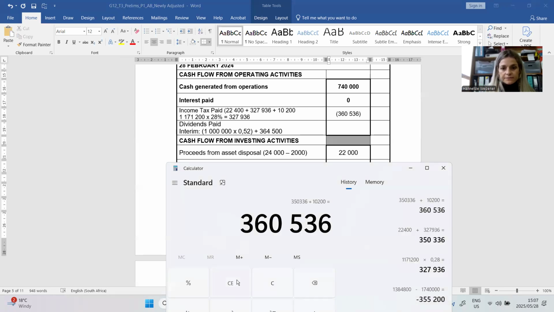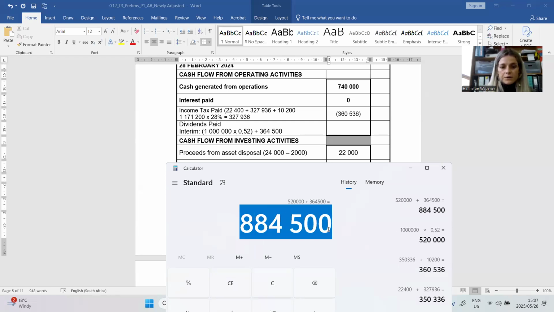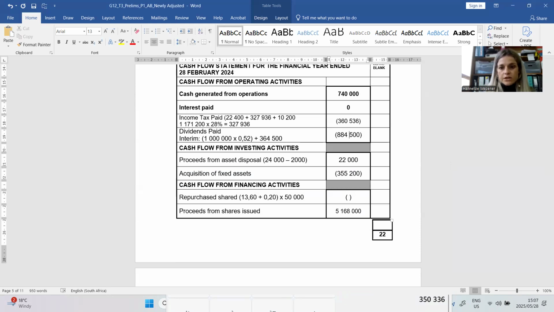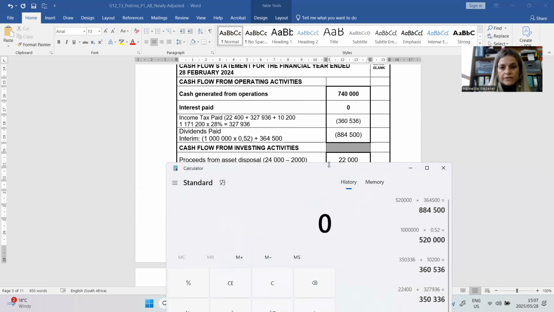With our dividends, it was 1 million shares at 52 cents dividends per share, plus last year's final dividend declared that we paid during our current financial year. So once again, this is an outflow of cash, therefore it has to be in brackets. So now I have all of the amounts in my operating activities.